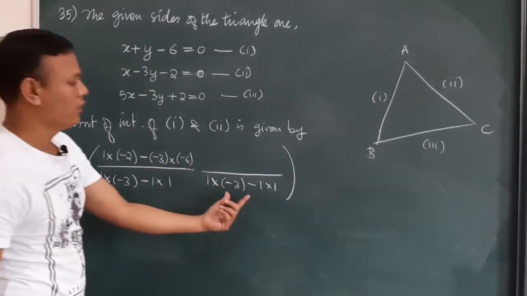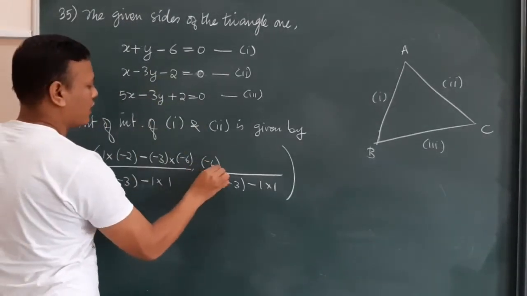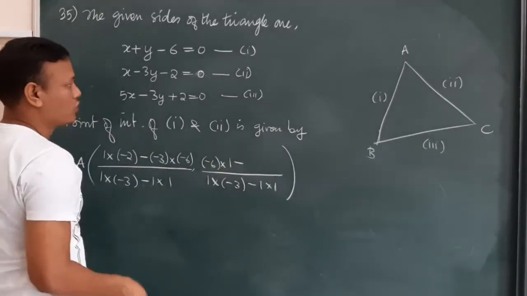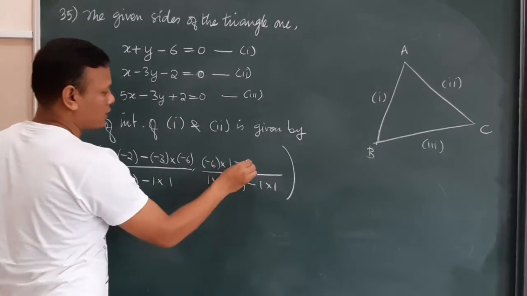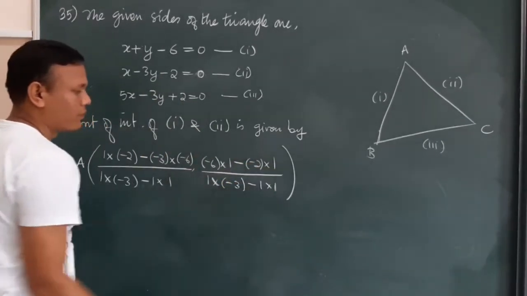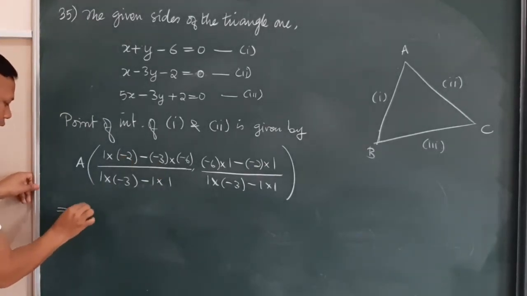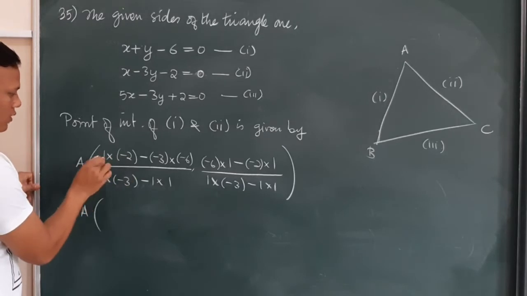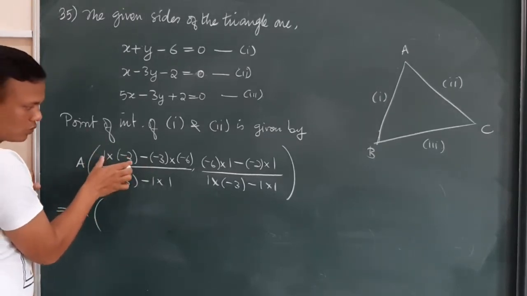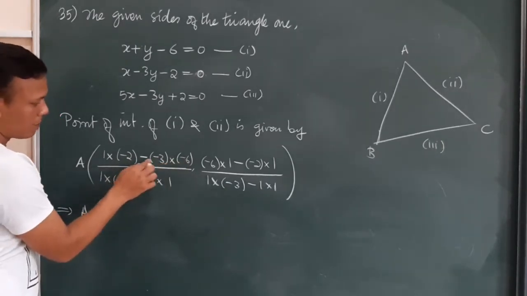Now here we have C1 A2. C1 is minus 6 into A1 is 1 minus C2 is minus 2 into A1 is 1. Okay, so let us simplify this. So see here carefully, this is minus 2, minus into minus is plus, so 6 into 3 is 18, so this is minus 18.